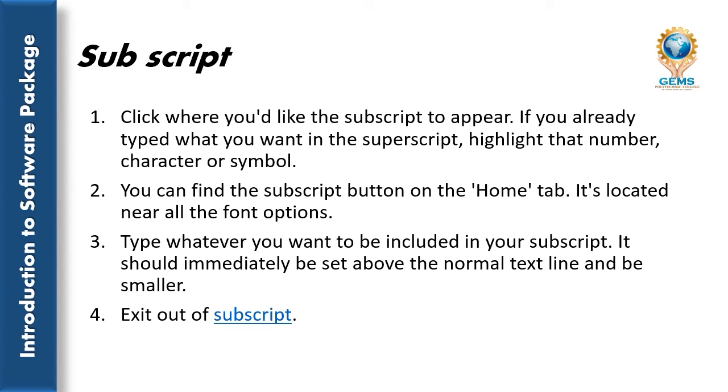After that, you can find the subscript button on the Home tab, located near the font options. Finally, you can type whatever you want to be included in the subscript, and it should immediately be set below the normal text line and be smaller.